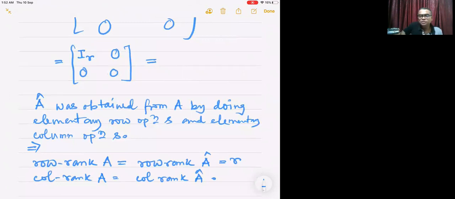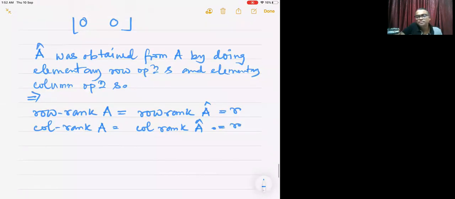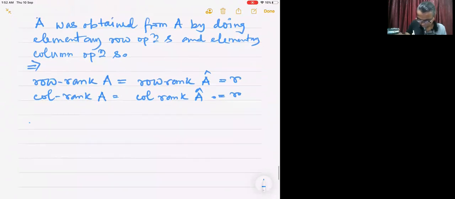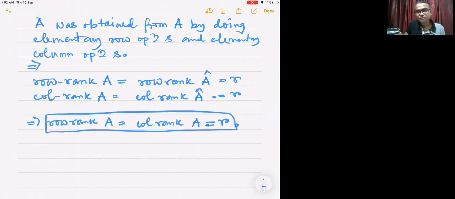What is the dimension of the column span of this? Once again, R. So this is also R, and the two are equal. Therefore, the row rank of A is equal to the column rank of A, which is in fact equal to R. Great, no?